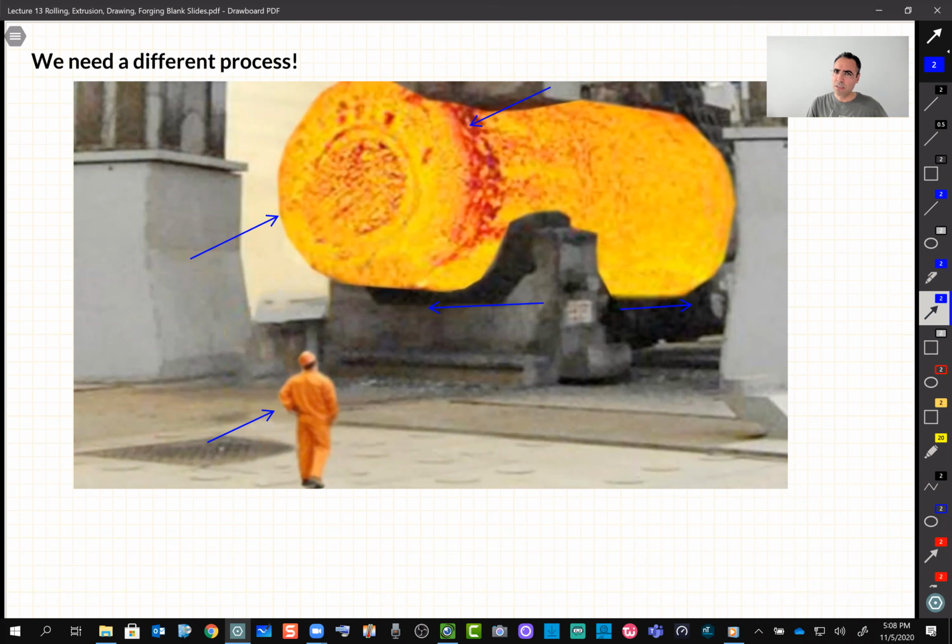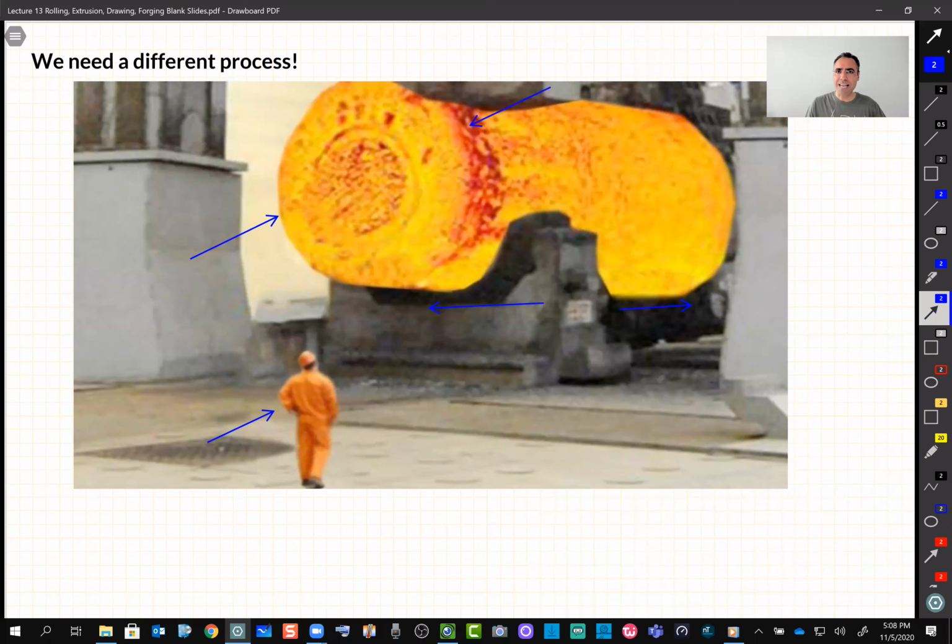This gigantic part is usually used for big hammers in the oil industry when they dig wells to get to the oil. Beside the application, let's focus on how we can make these gigantic parts.